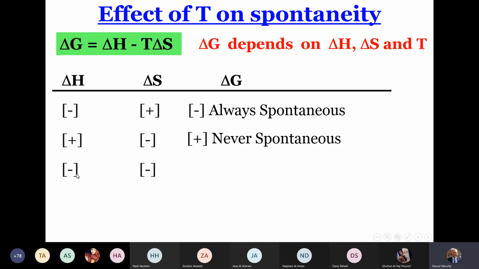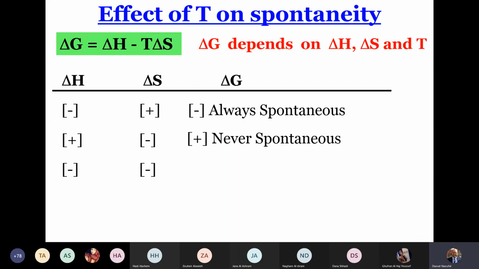Third example, the reaction is exothermic and the system is more ordered. So delta S negative times T positive, T delta S is negative, minus T delta S is positive, and delta H is negative. So we have delta H negative and minus T delta S positive. Now we see the effect of the temperature.